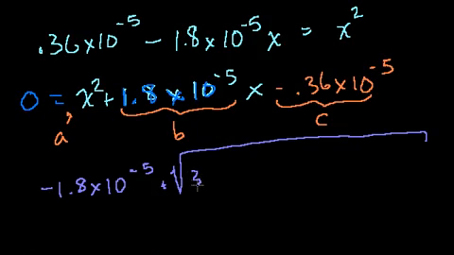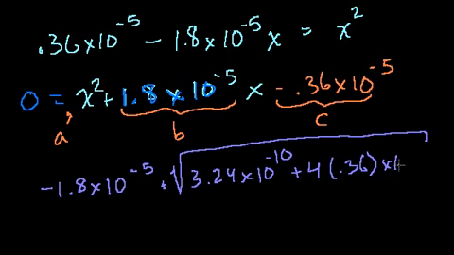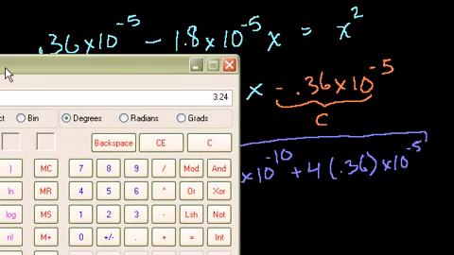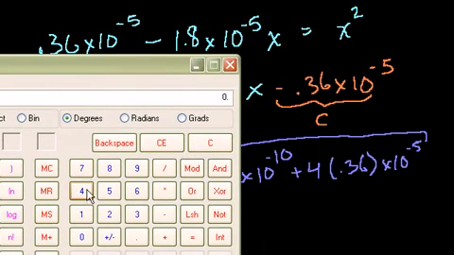So it's 3.24 times, if you square 10 to the minus 5, that's 10 to the minus 10, minus 4 times a, which is 1, times c, which is minus. So it's 4 times, the minuses cancel out, times 0.36 times 10 to the minus 5, which is, let's see, 4 times 0.36 is equal to 1.44.